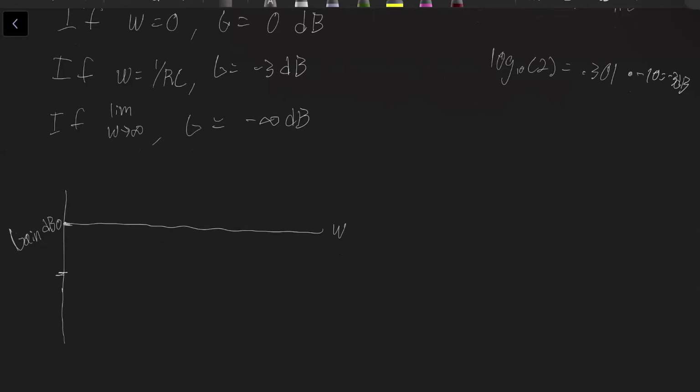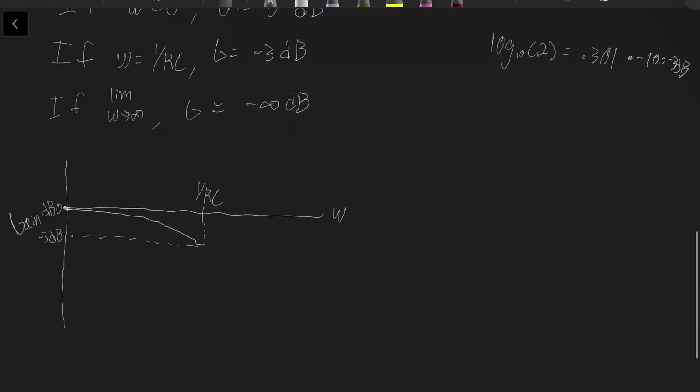Let's draw it first. So let's say this is our cutoff frequency, 1 over RC. We know that our cutoff frequency is going to be minus 3 decibels, right? So let's say this is our minus 3 decibels. And then we know because we have a pole, our graph is going to continue down at minus 20 decibels per decade.